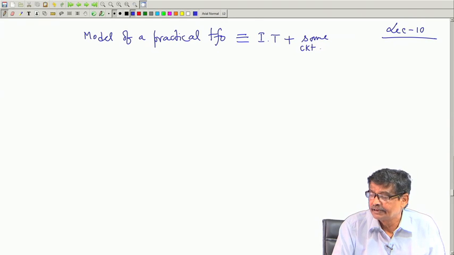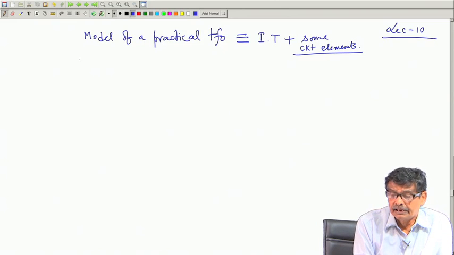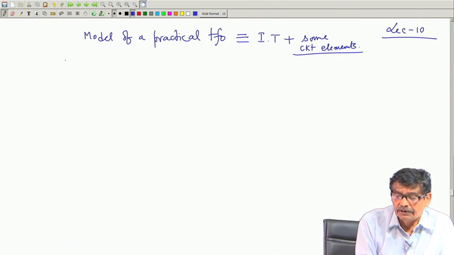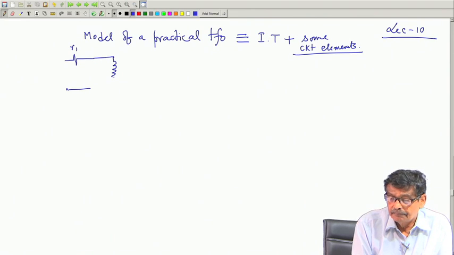We are adding circuit elements, and I told you that till now we have added the winding resistance R 1 of the primary, and this is my ideal transformer.